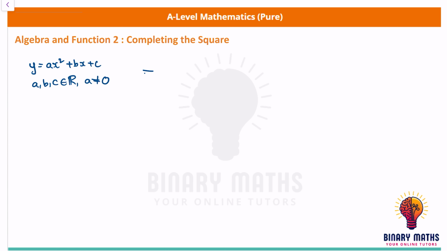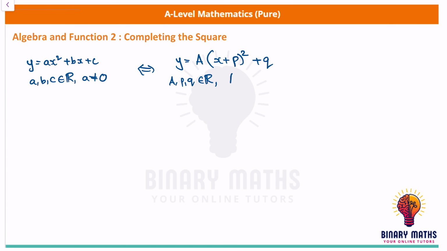But this is also the same thing as expressing the quadratic in completing the square format, which is y = a(x + p)² + q, a different a possibly, where a, p and q are real numbers, but again a is not allowed to be 0, because if a is 0 then the x² term is not present.